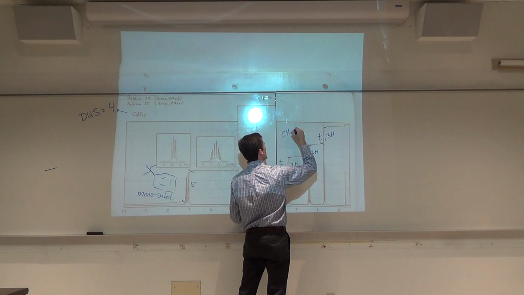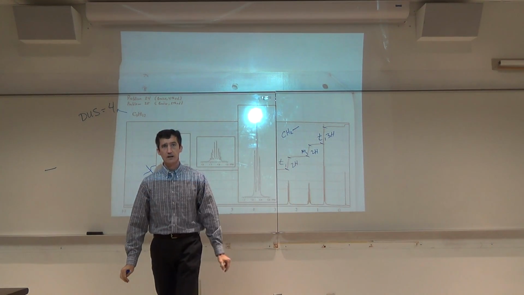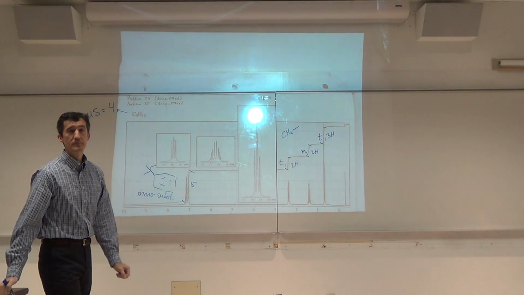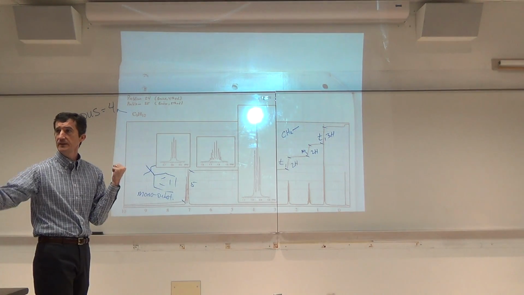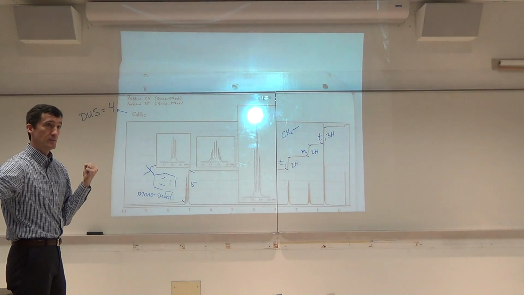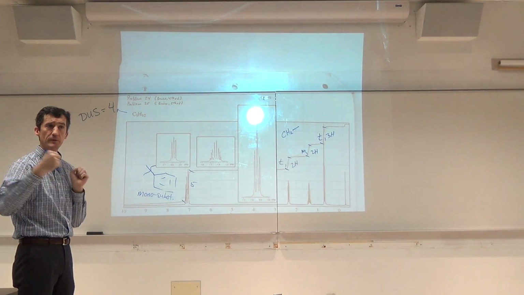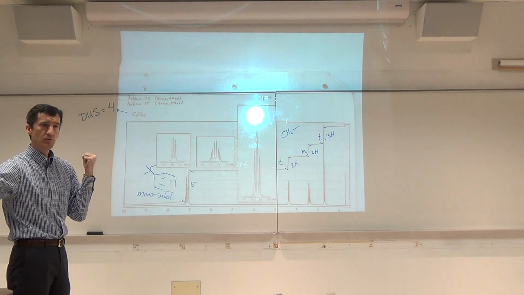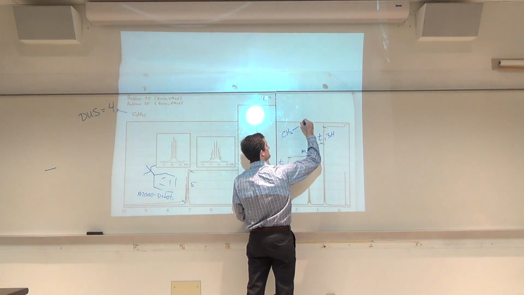What is next door to the CH2? What would make a signal a triplet? It would have how many neighbors? It would have 2 neighbors, because we know neighbors plus 1 gives you what your signal is going to be. So for it to be a triplet, we're going to have 2. That makes n plus 1, 3.